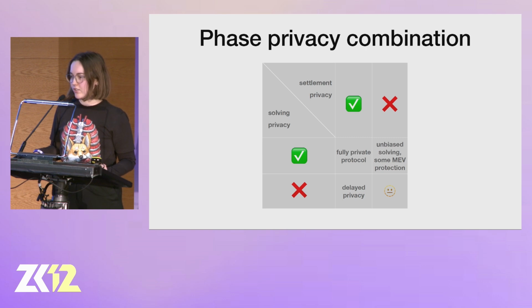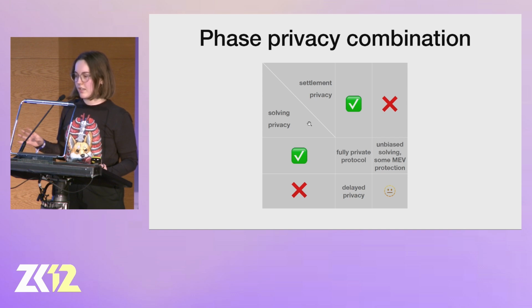Another thing to consider is a combination of phase privacy. We have solving privacy, which is privacy when solving, and settlement privacy, when the data is stored on the blockchain and everything is private. If you have both, you get a fully private protocol, that is really cool. If you only have settlement privacy, you have delayed privacy. It's not a real term, but basically you send intents, and they're not private. Solvers solve them, and everyone can see everything at this stage, but then when you publish it on the blockchain, everything is private.